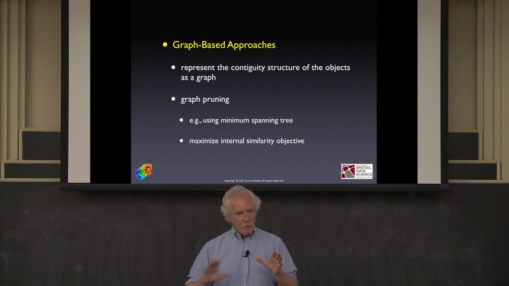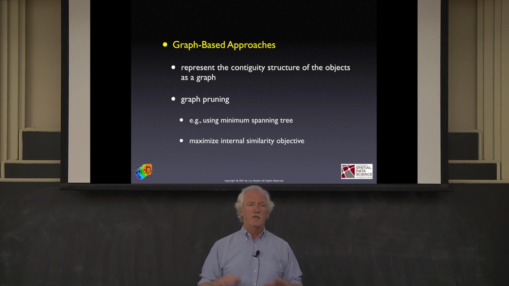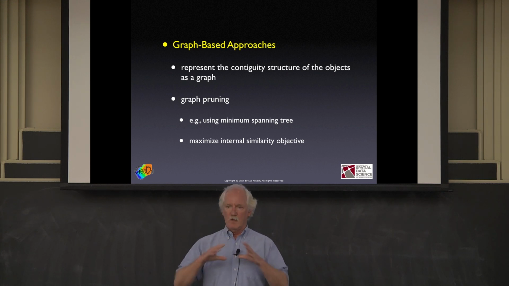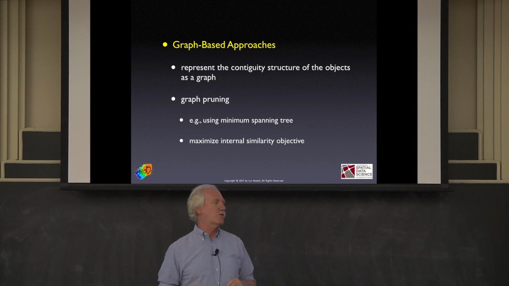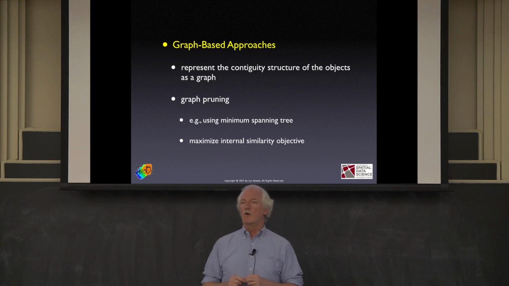So then there's another branch, no pun intended, which Skater is an example of, where you represent the contiguity structure as a graph. We've seen this when we talked about spatial weights. In one of the exercises, you create a neighbor list in R, for example, and then you can represent it as a graph structure where each observation is a node and there are edges between the nodes that are neighbors.